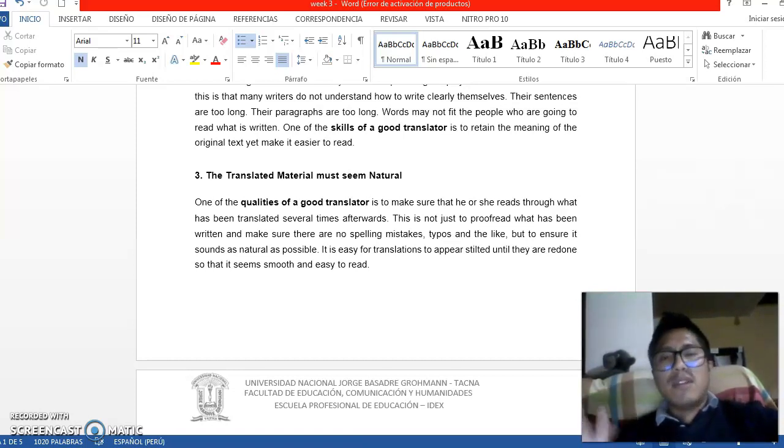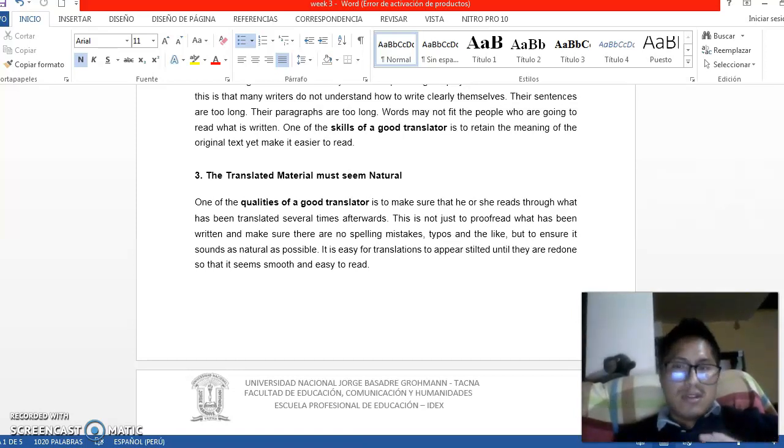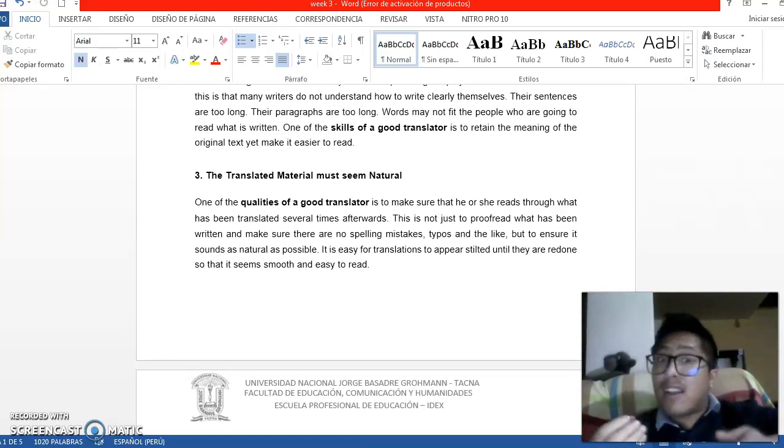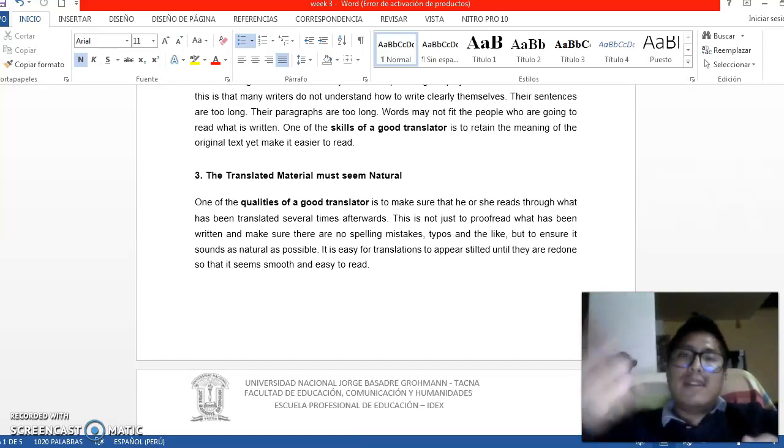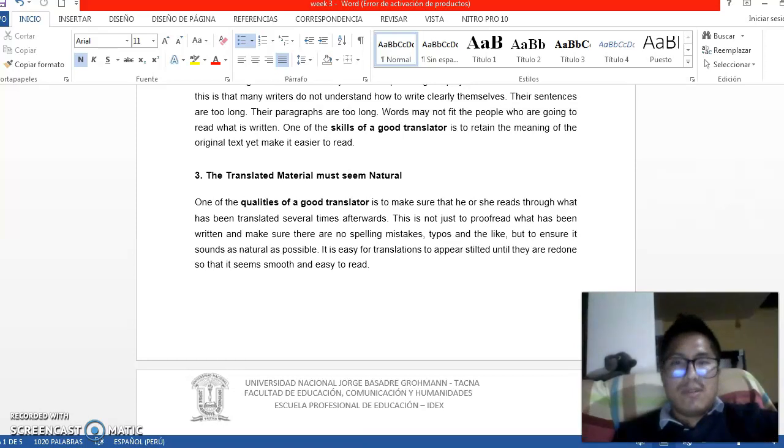So in this case, when we know those techniques, they are going to help us in order to make a good translation. And when we are translating, we are going to know that we are applying some translation techniques. Yes, like calque, like borrowing, literal translation, yes, adaptation, compensation, elision, and more.